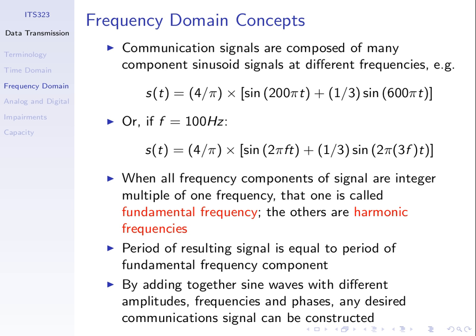I'll write the general equation that we have. Remember our three parameters? Peak amplitude, frequency, phase. What's the phase here? 0. There's no phase here. Peak amplitude is simply 4 divided by pi, whatever that value is.